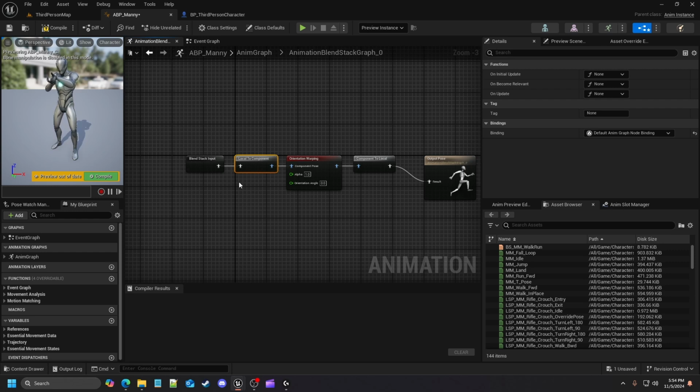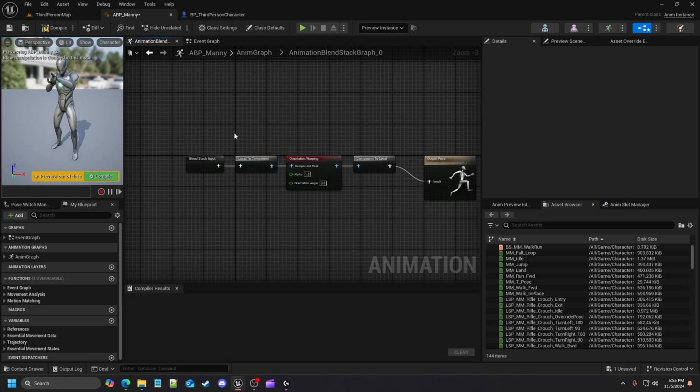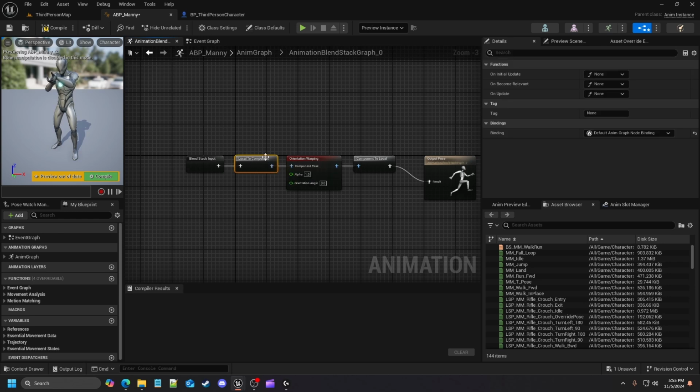That's similar to this, where it's doing a conversion to help pass in our data. What local to component does is convert the animation data from a local space of the skeleton relative to the character's root to the component space, which is relative to the game world. This transformation is essential for accurately applying subsequent adjustments that depend on the character's orientation and position in the world.